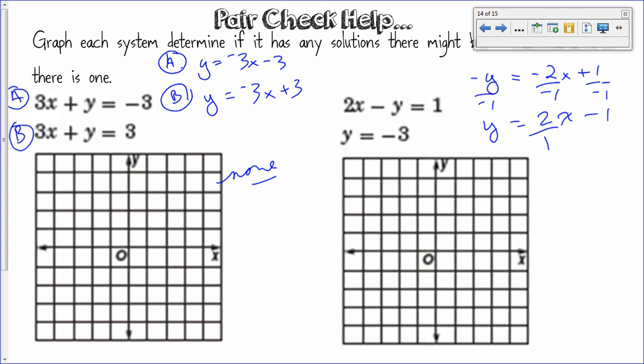Good? Okay, so what's my starting point on equation A? Negative 1, okay, so right here. So a point, then go up 2, over 1 to the right. Okay, what kind of line is equation B?